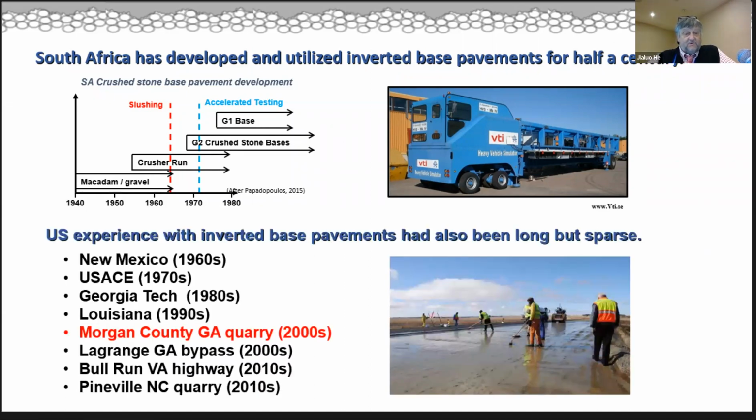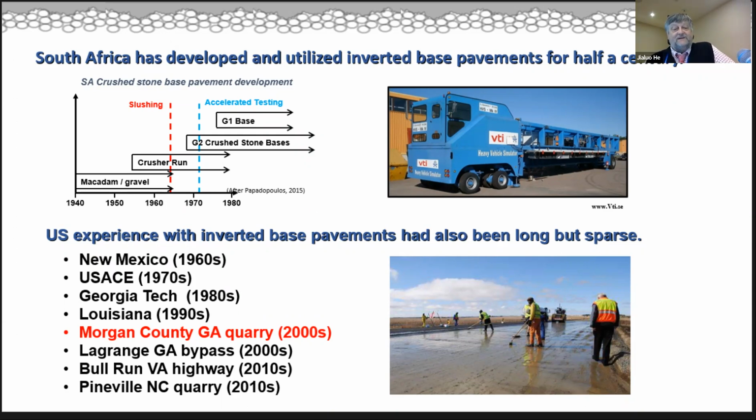US experience, though, has been also quite long, but perhaps the appropriate way to say it is it's been sparse. It tends to have been limited to a number of test sections. There have been individuals through the last 5 decades who have been champions from a technical point of view because they realize potentially the opportunities that maybe are being afforded by inverted base pavements.